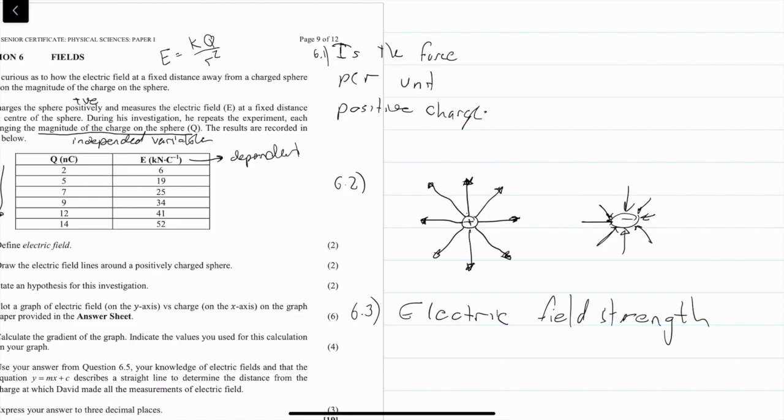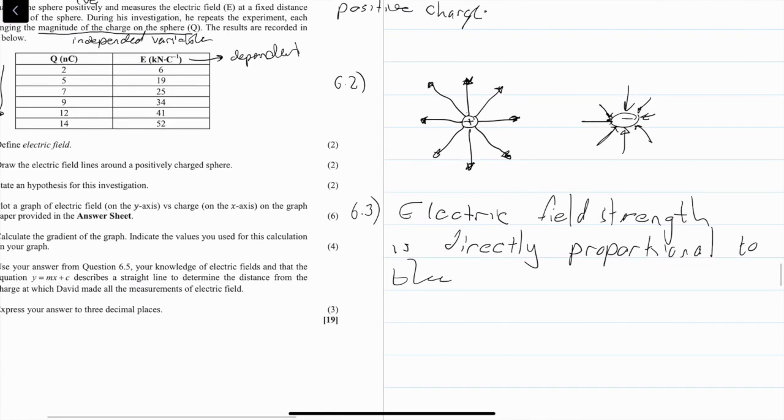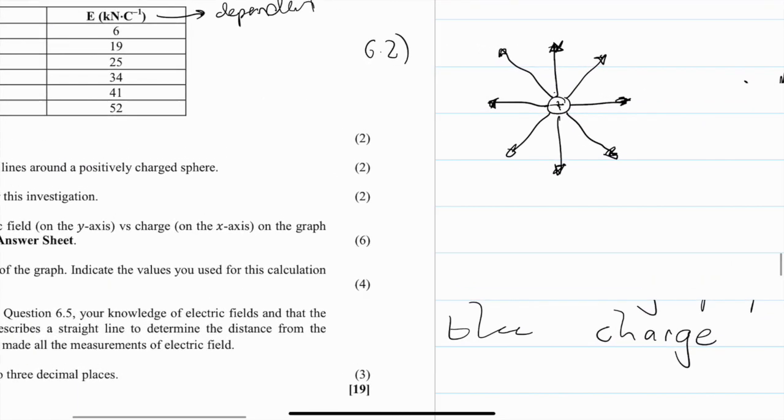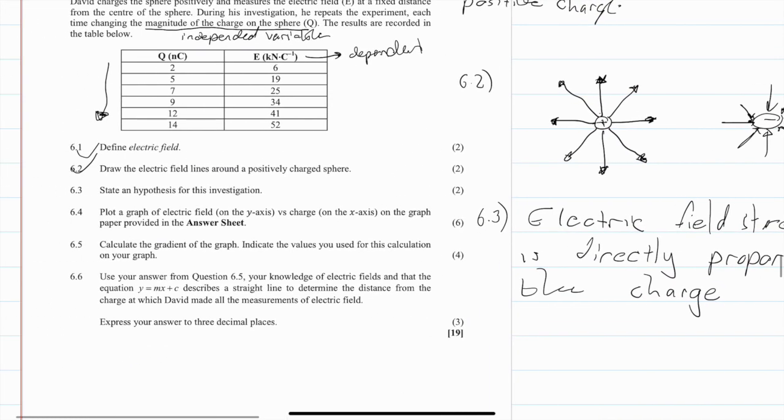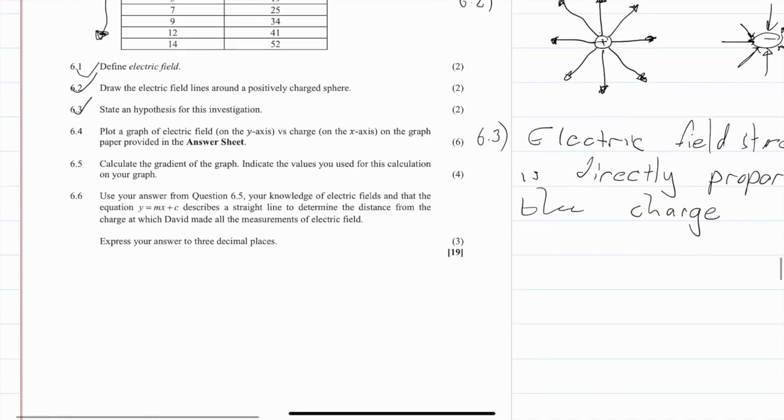So I think that the electric field strength is directly proportional to Q, which is charge. Basically I'm saying that I believe that as Q increases, E, the electric field strength, is going to increase. And we see that happening, but we're not sure if it's directly proportional. But that's what I'm just going to assume. And then comes plotting of the graph.